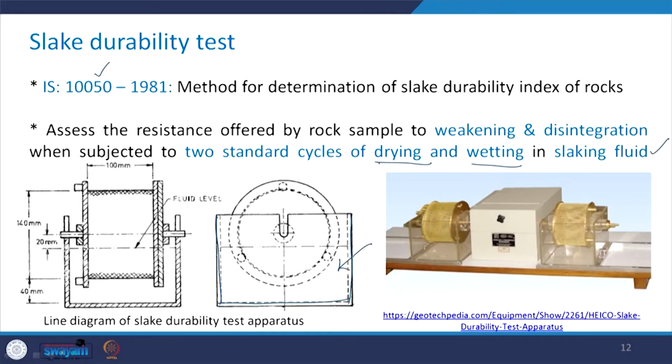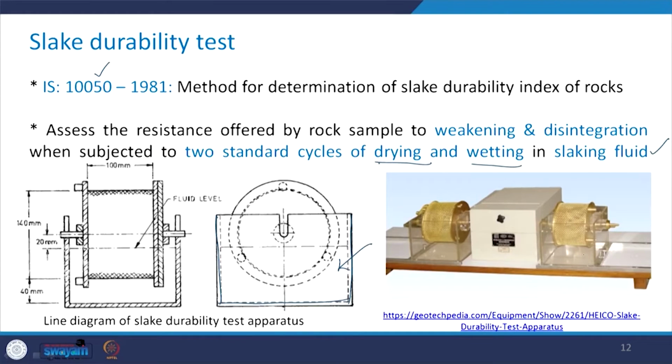So, what will happen? The rock specimen, which is in the form of some lumps, they will interact with each other, they will hit each other, and because of that there will be some kind of weakening effect or disintegration, and that is how we are going to find out the Slake durability index.